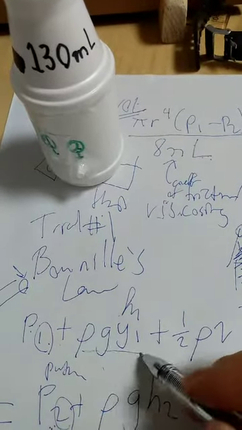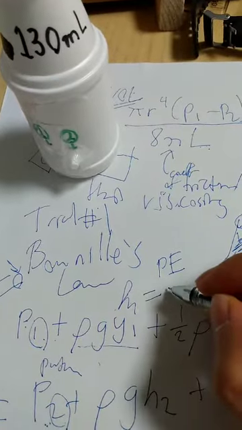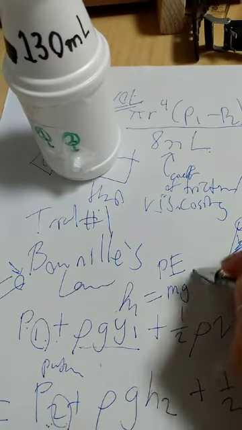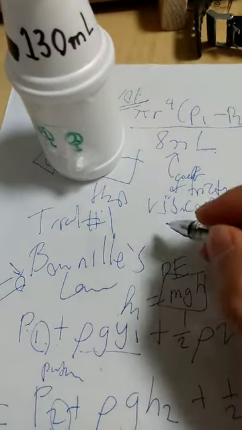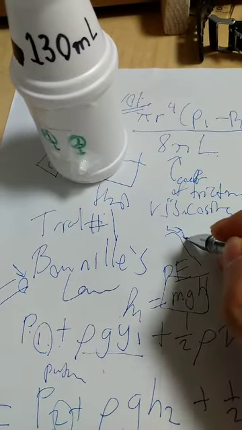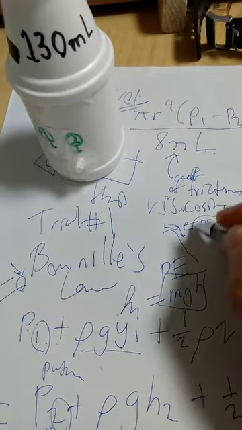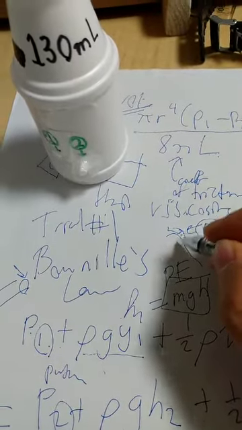In mgy1, this is when physics students are like, hey, mgh, potential energy, like when you're on top of a roller coaster and you're like, this is going to be one hell of a ride. I have a lot of nervous energy right here. That's the potential energy.